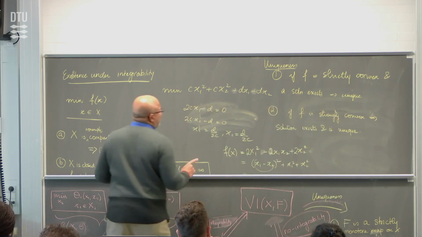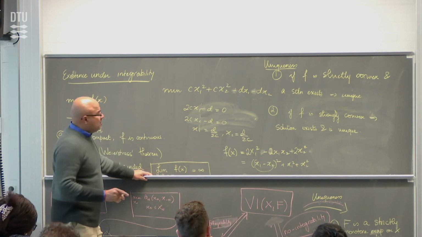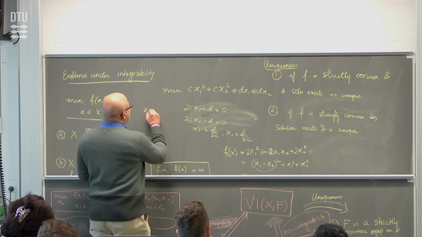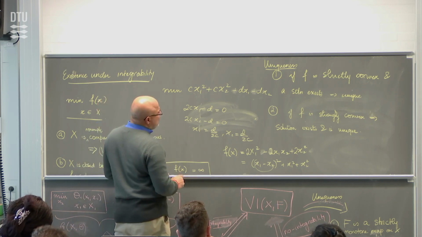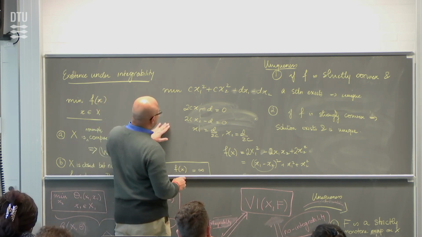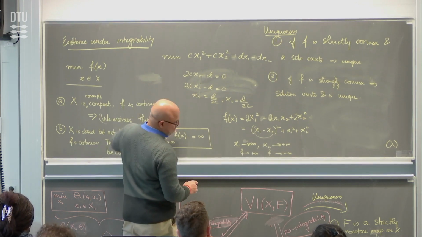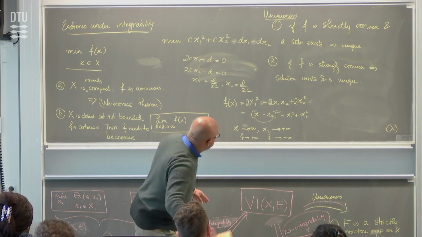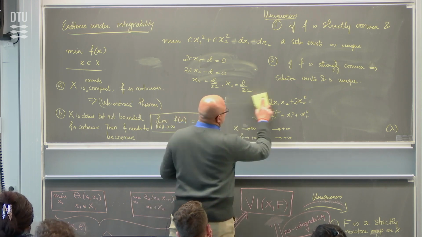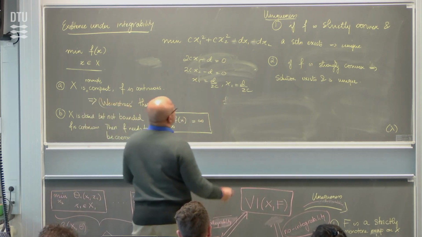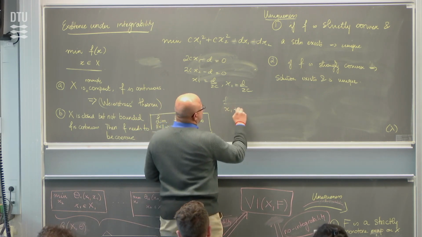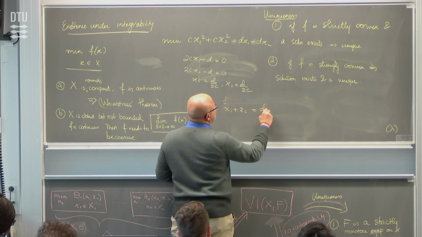So wait, let's be careful about this. What you're telling me is that in this particular case, x1 plus x2 is equal to d upon c.